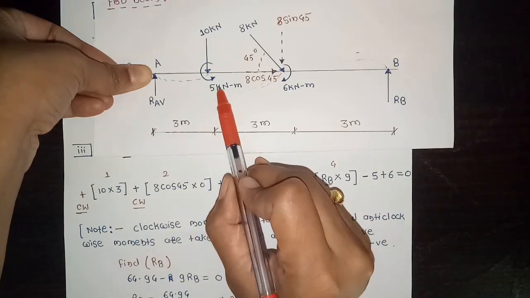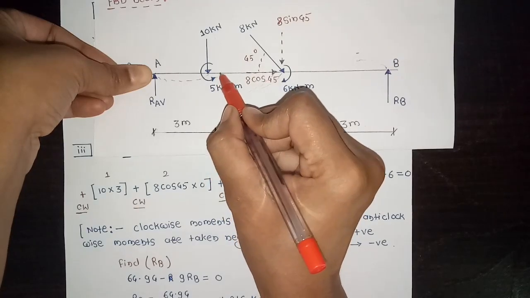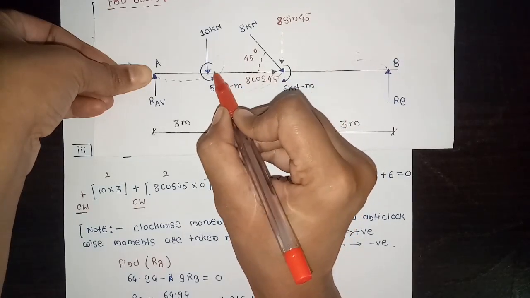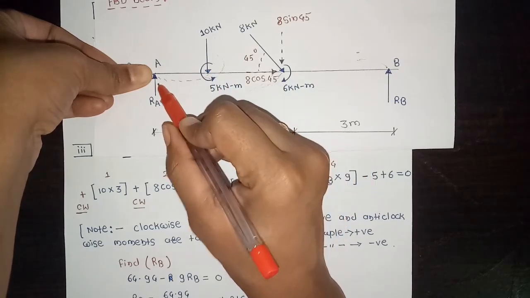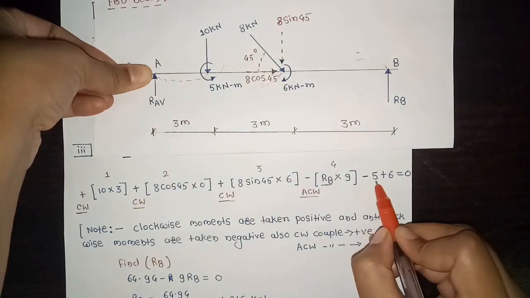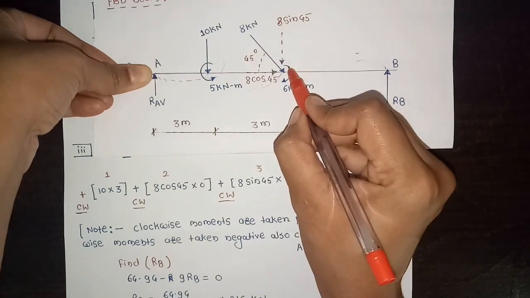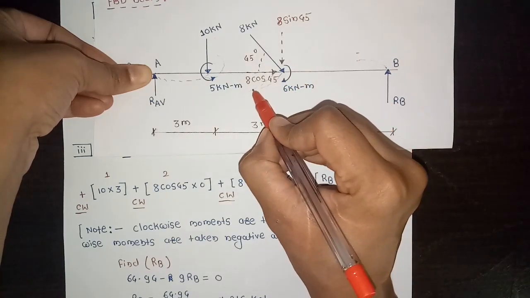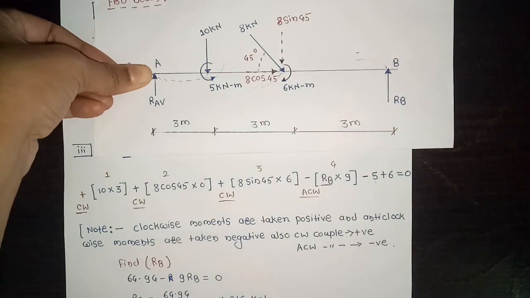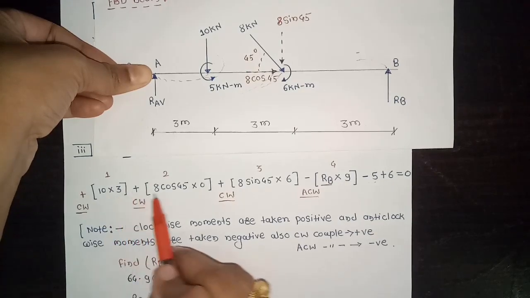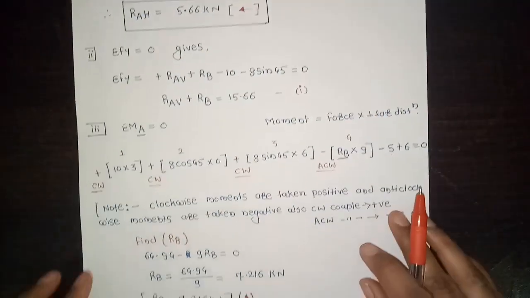Then 2 rotational couples: the first is rotating anti-clockwise, so minus 5, and plus 6 which is rotating clockwise, is equal to 0. So this is the summation moment at point A is equal to 0.